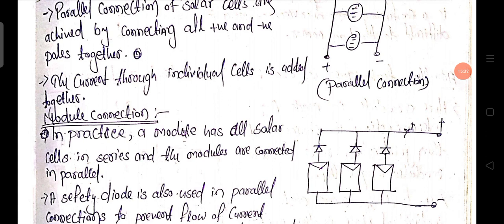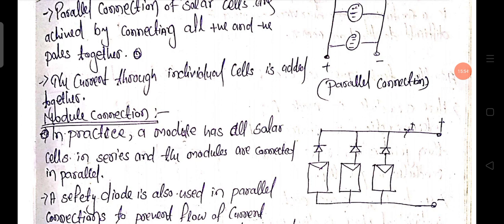So when we need higher voltage or higher current, we use modules in series or parallel, not only cells. We create a unit of cells called a module, and that module is connected in parallel or series.